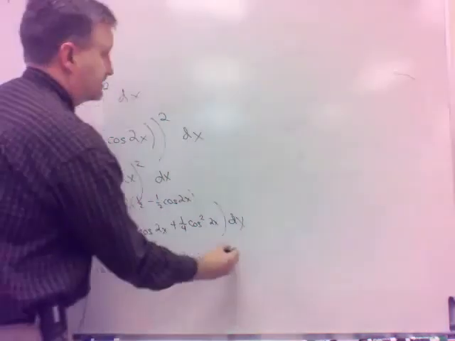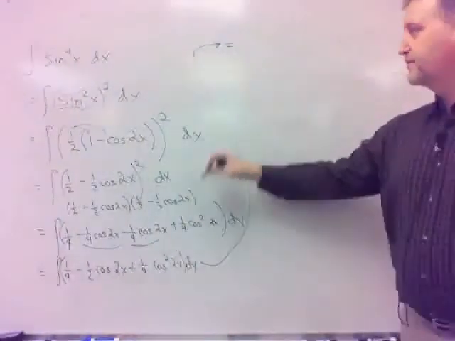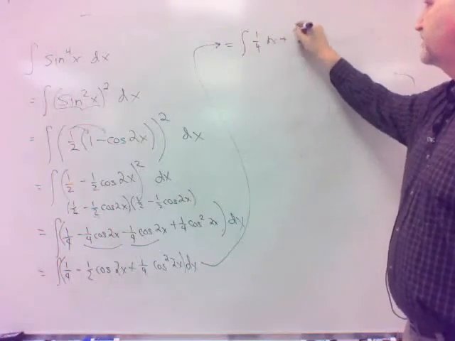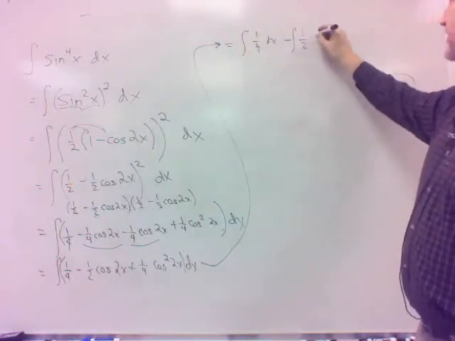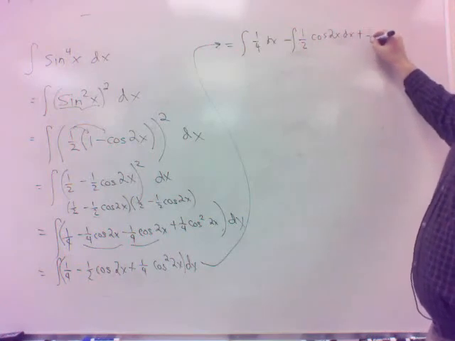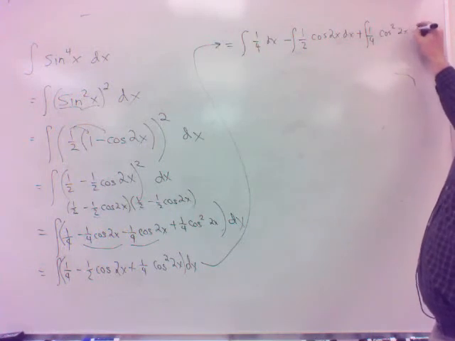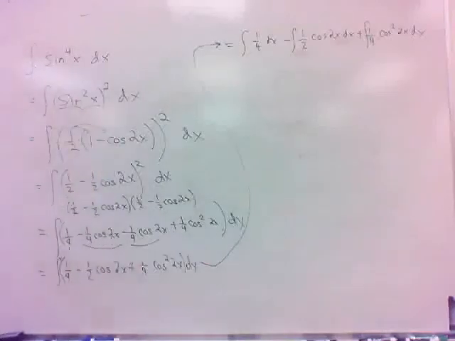All right, so here's where it kind of gets kind of crazy. Well, the good thing is these are all plus, so I can treat them individually. So I do the integral of 1/4 dx, minus the integral of 1/2 cosine 2x dx, plus the integral of 1/4 cosine squared 2x dx. Looking at that, two of the three are pretty easy.